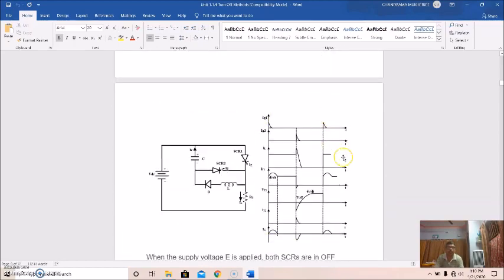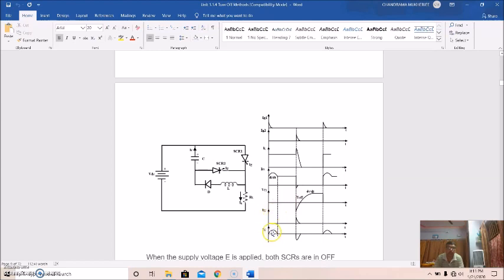We have shown here the circuit wave diagram. This is the gate supply for the main thyristor. This is for the auxiliary thyristor, and this is your load current. This is thyristor 1 current. This is thyristor 1 voltage, and this is thyristor 2 current.